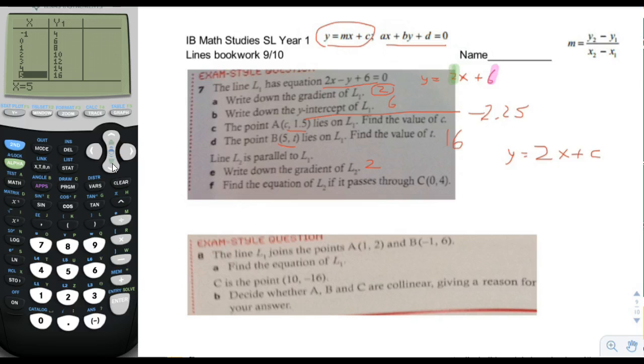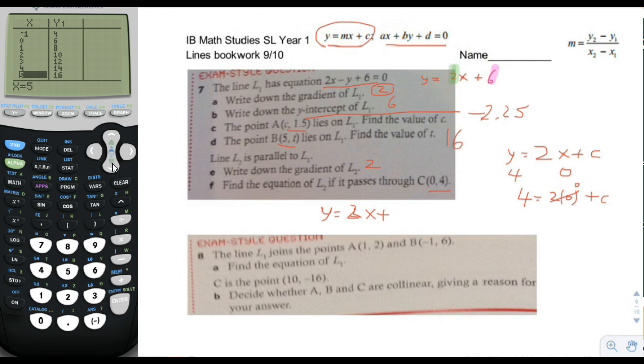But how can we find out what c is? Well, what if we substitute in 0 and 4 for x and y? Then we'll put 0 here, and we'll put 4 here, and then we'll have 4 equals 2 times 0, which is just 0, plus c, so guess what? c equals 4. So the formula for this line is y equals 2x plus 4.